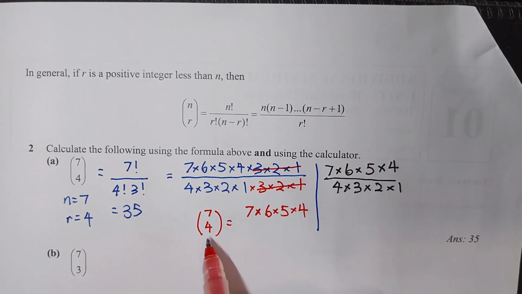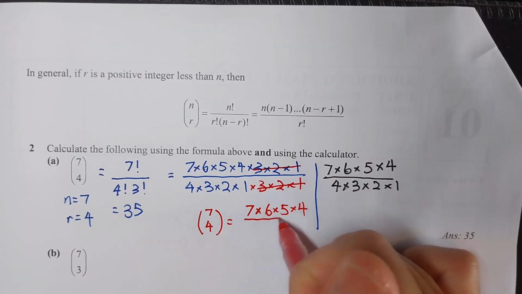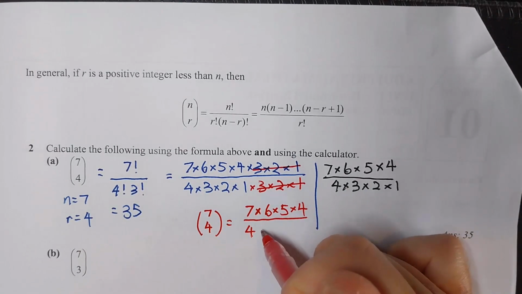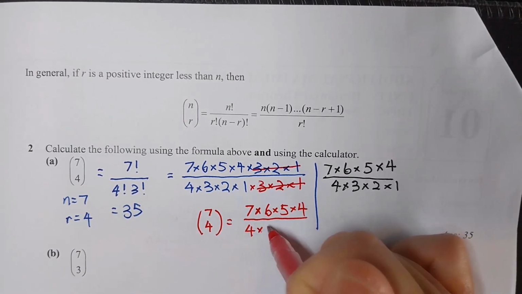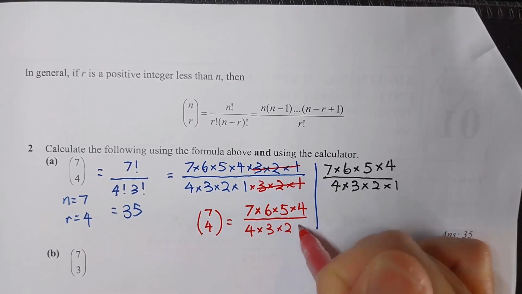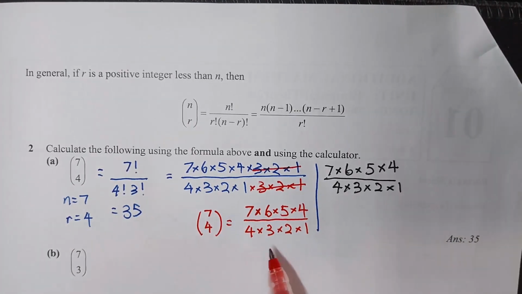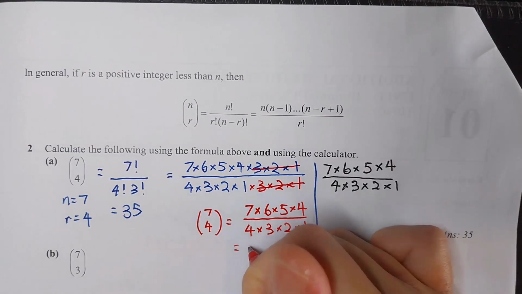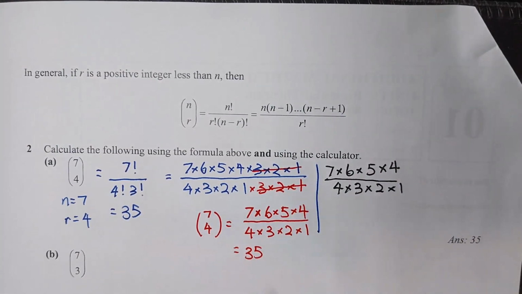Similarly, for the bottom number, we will start with the number 4 and also go in descending order 4 times. 1, 2, 3, 4. And you see that we will have the value of 7 choose 4 in a rather simple way. And we will have 35 for each of these cases.